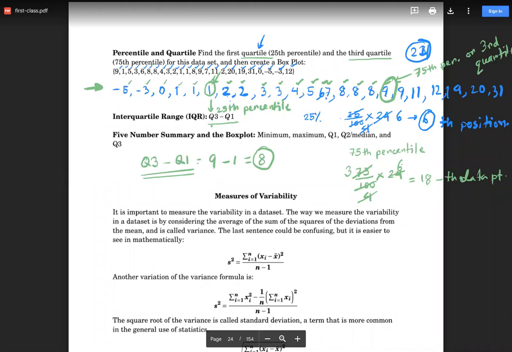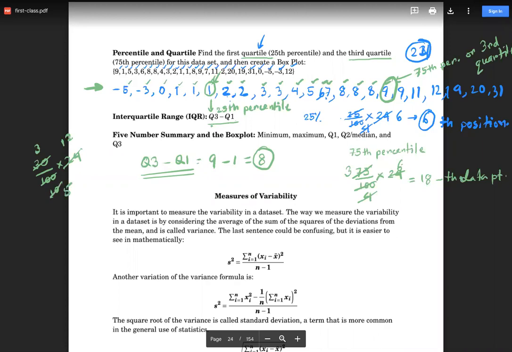Now, there is another thing I want to bring to your attention, which is this. What if, instead of finding nice numbers, I wanted to get the 30th percentile, okay? So that's going to be 30 divided by 100 times 24. Now, 10 goes into this 3, 10 goes into this 10, right? 2 goes into this 12, 2 goes into this 5.